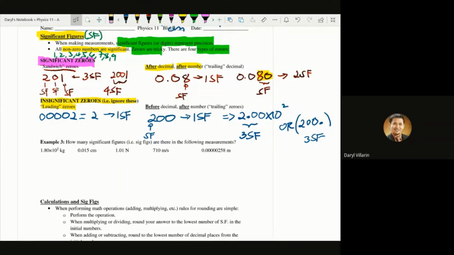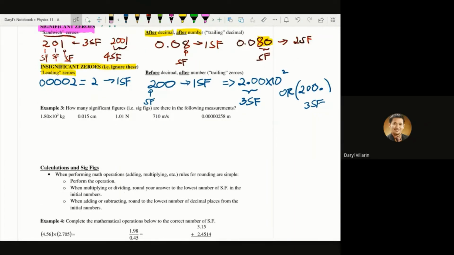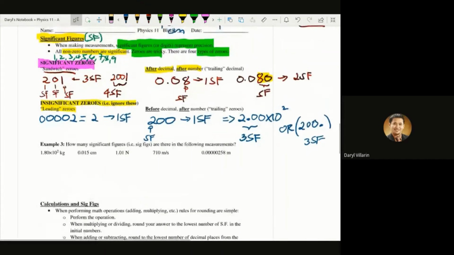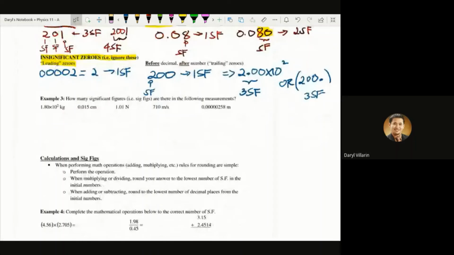So in this case, you have to be careful in dealing with zeros, but all non-zeros are considered significant. Let's go over these examples for clarity, and before moving on to the next section, calculation with significant figures, you can type in your questions, or speak out after example number 3.